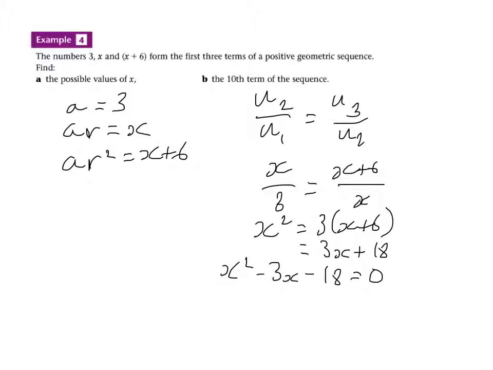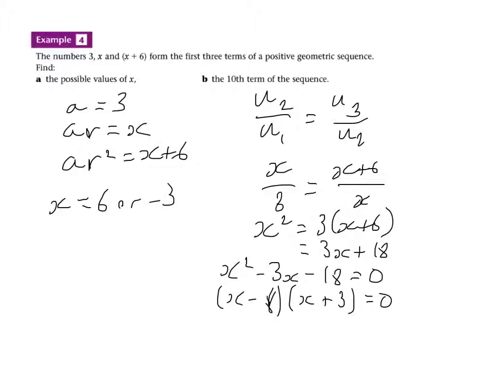Now at this point we've got a nice simple quadratic, and I believe it's minus 6 and 3, so we'll go x minus 6, x plus 3. So you get x squared minus 6x plus 3x minus 18. So that works. So the values of x are x equals 6 or minus 3.